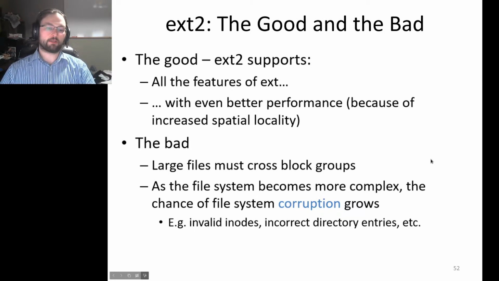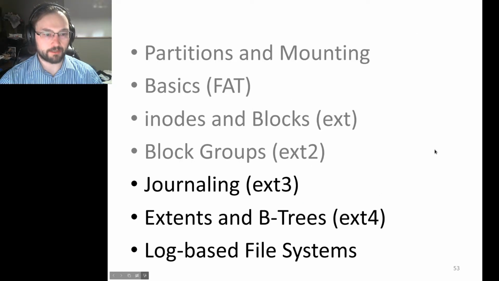And when the system crashes and something gets written wrong, our disk gets corrupted, and the corruption is worse and less potentially obvious. It may take longer to notice the corruption if the data structures are more complicated. So that's our next problem.